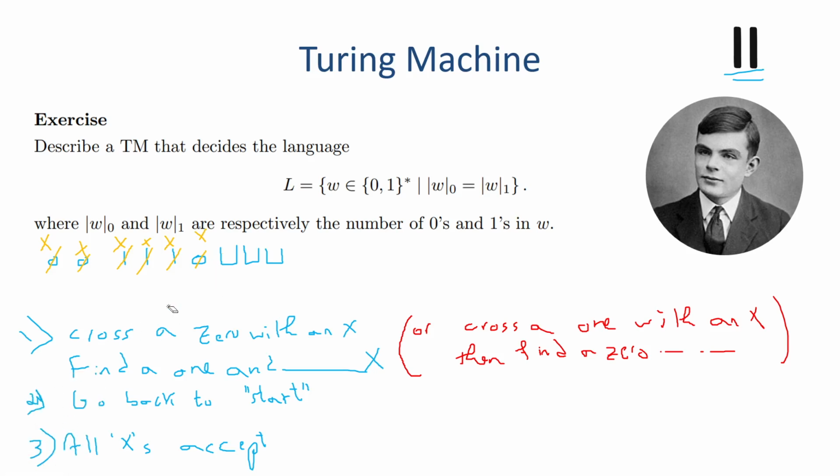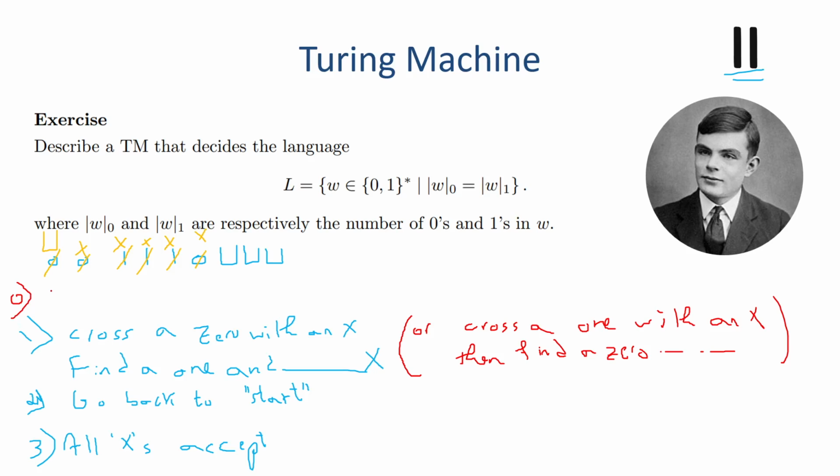Okay, but remember what I said at the beginning, we could assume to the very right it's all blanks, but not necessarily at the beginning. So what we'll do is the very first element, we'll cross it with a blank, just so that marks the beginning of our tape.